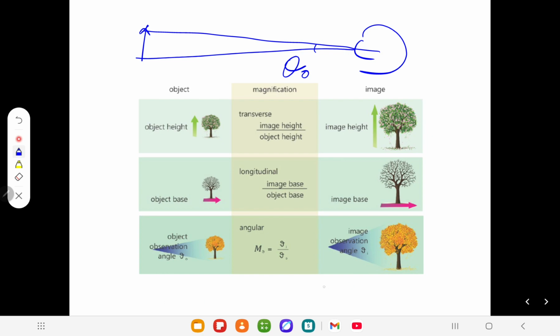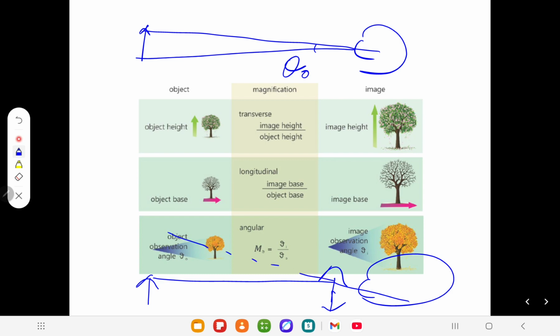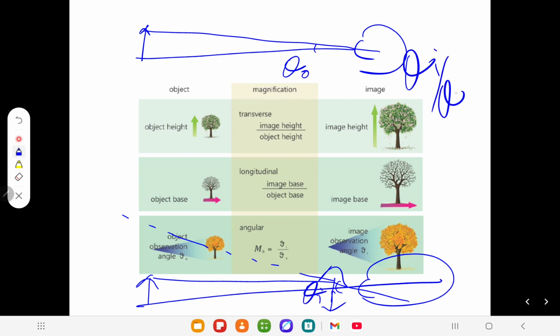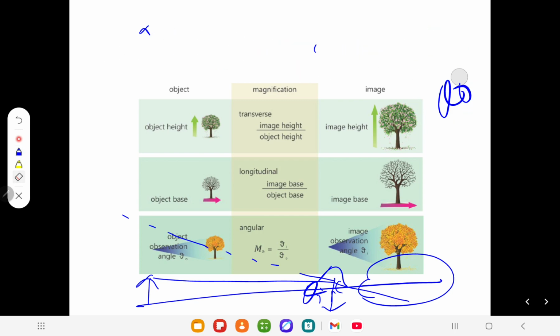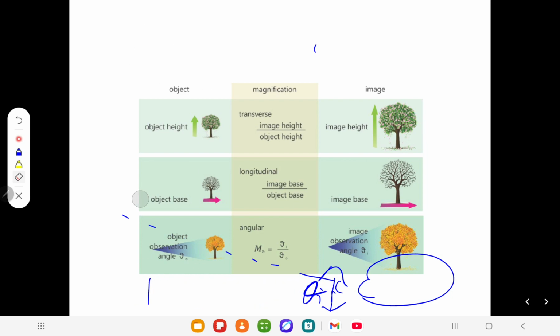If I put this plus lens and the eye, this is the object, and the object goes something like that, and the image is from here and the optical axis. So this angle theta I will be greater in the case of a plus lens. That's why theta I divided by theta O is angular magnification. It's a simple thing. Just see the drawings in all the books that I have given you as a reference, so you will understand quickly.